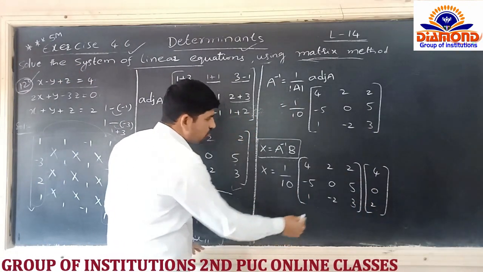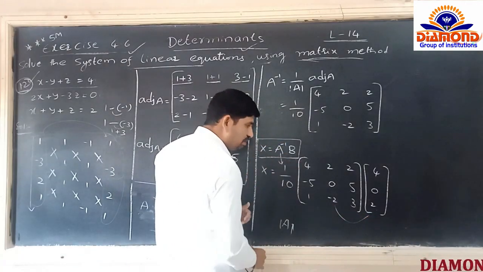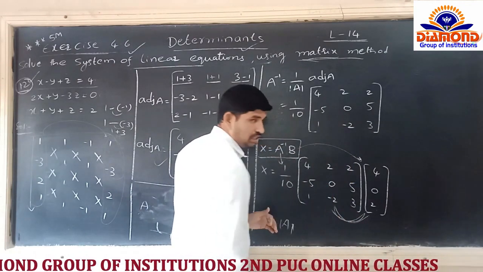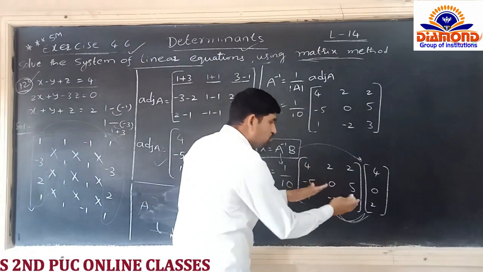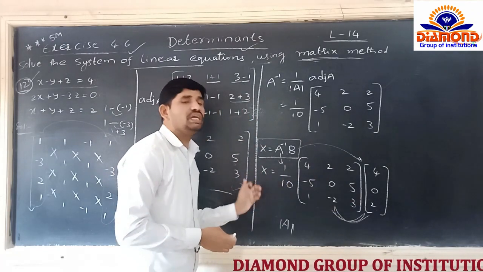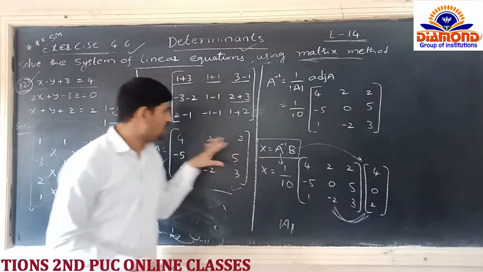So now we can multiply these two matrices. After writing the A inverse matrix and B matrix, we can multiply these two matrices. The multiplication of these two matrices will give one resulting matrix. Then we can equate the x value, y value, z value. That is our x, y, z answer. Okay, so I will draw this.